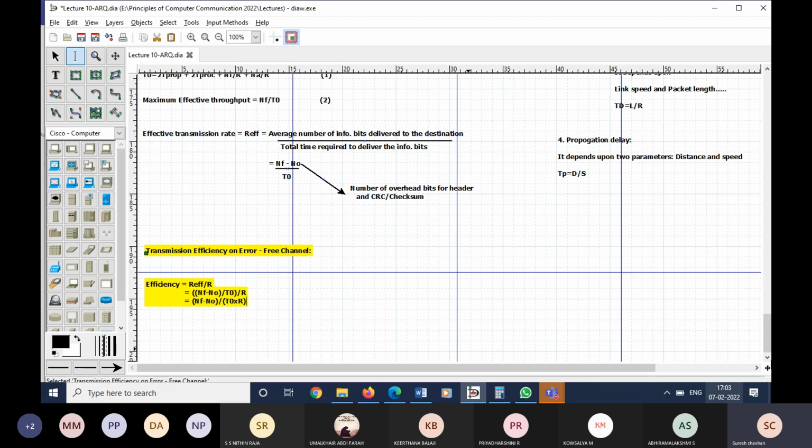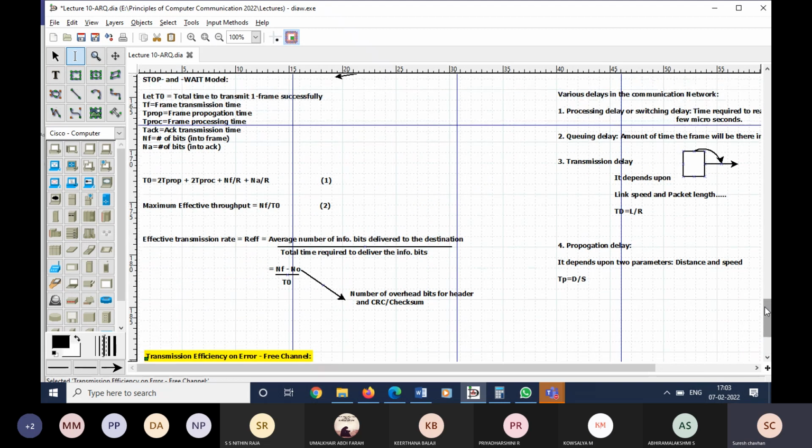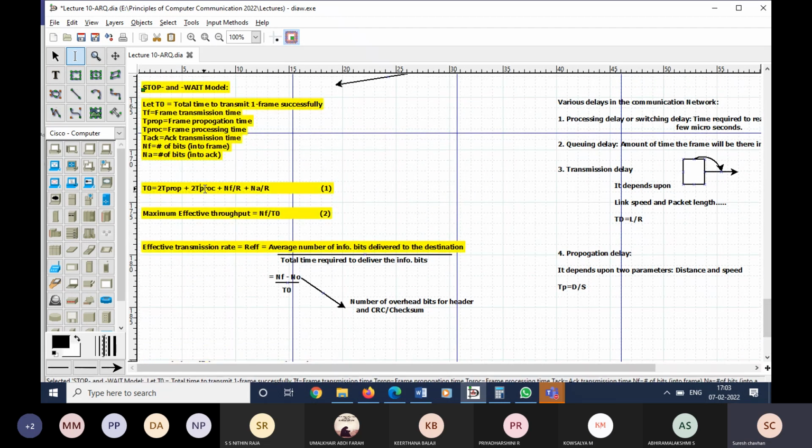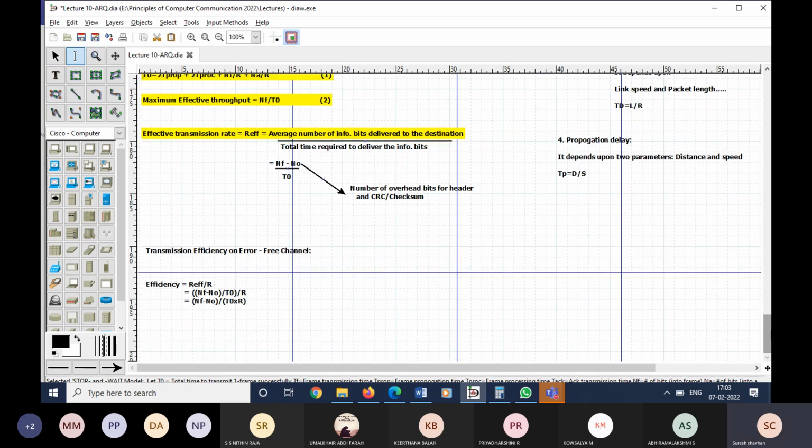And we know the T0, right? At the beginning only we have calculated it. So this is the complete T0, so I can put it here.